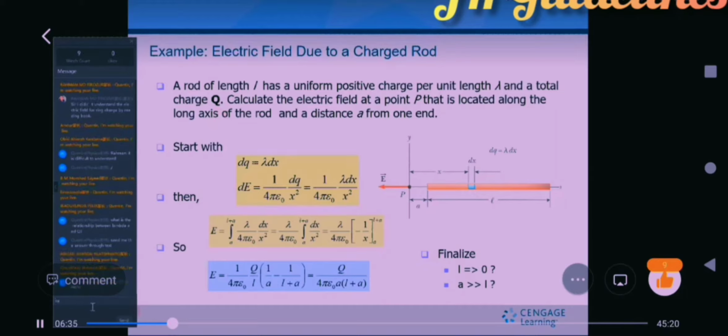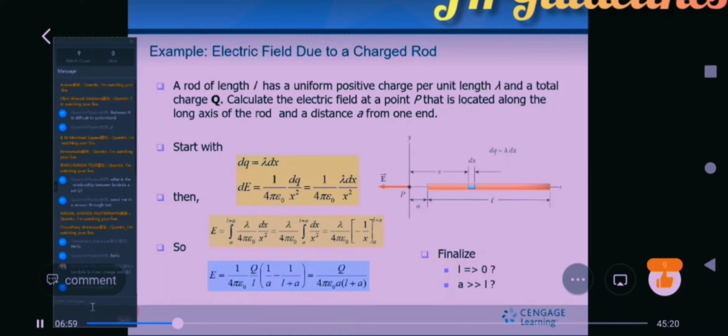Yes, hello. Just give me the answer. What's the relationship? Yeah, send me some of the answers. So lambda is linear charge and the Q is total.